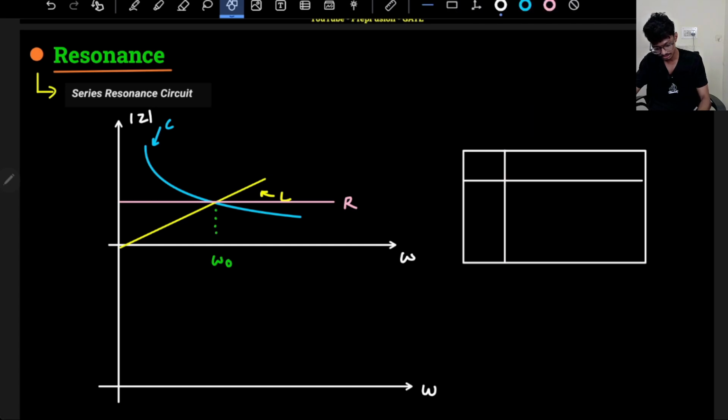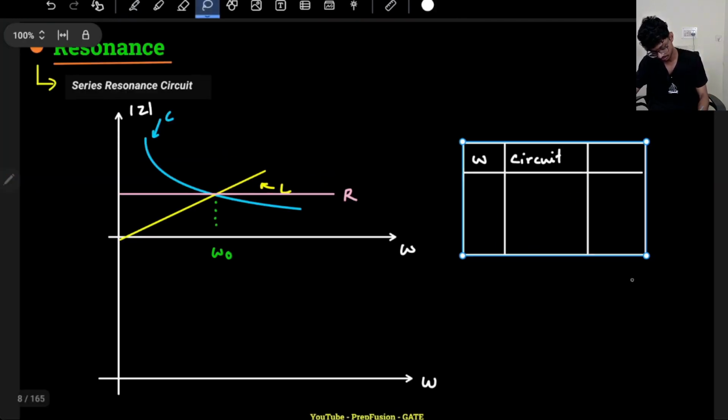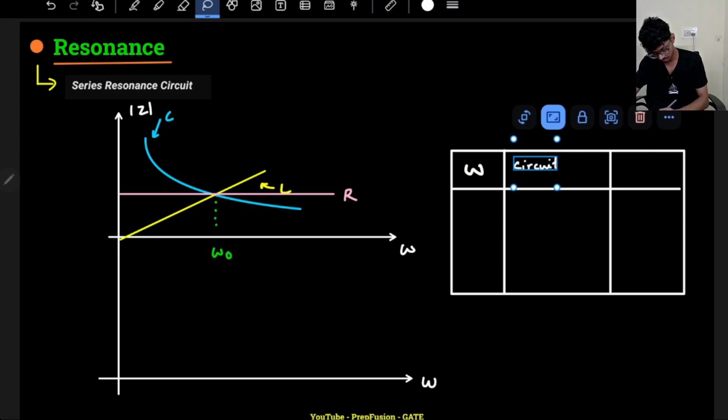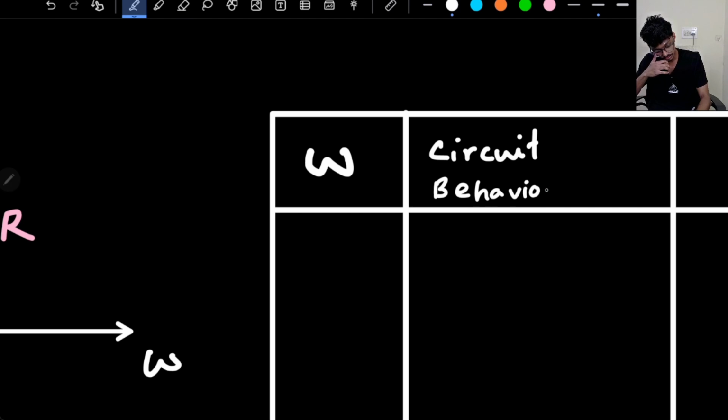In the table, I have omega here and the circuit behavior here.